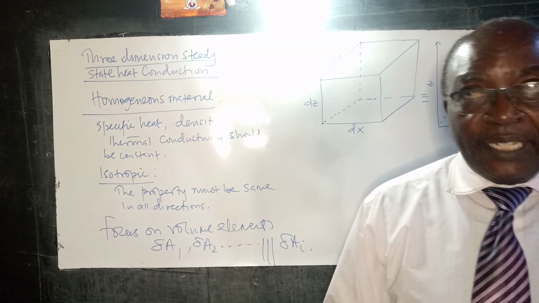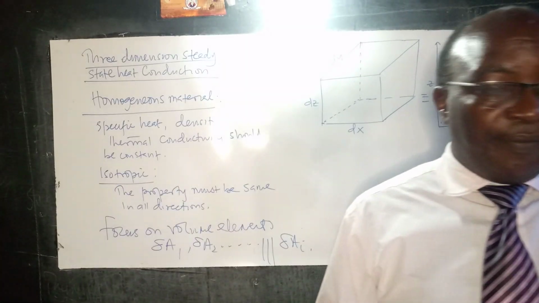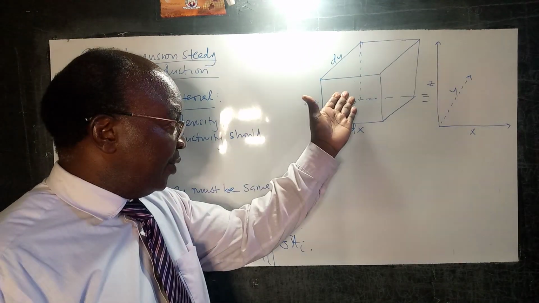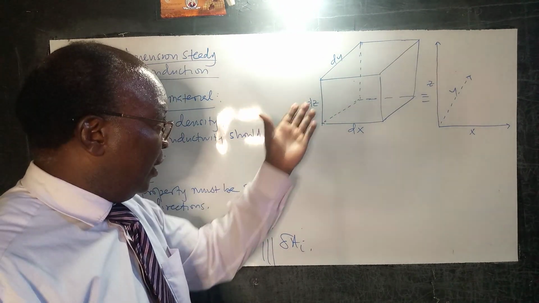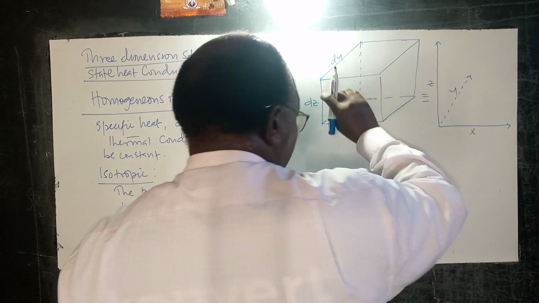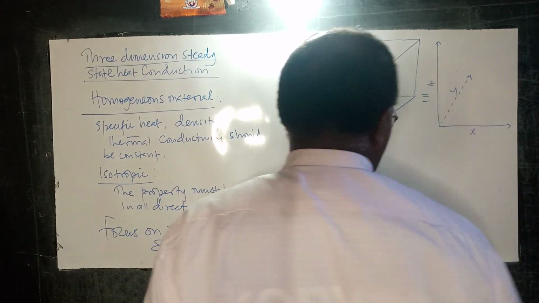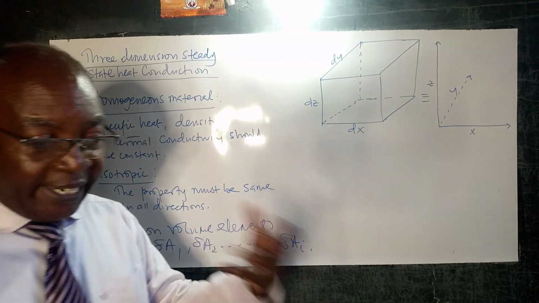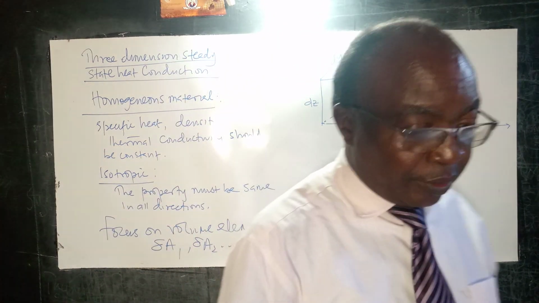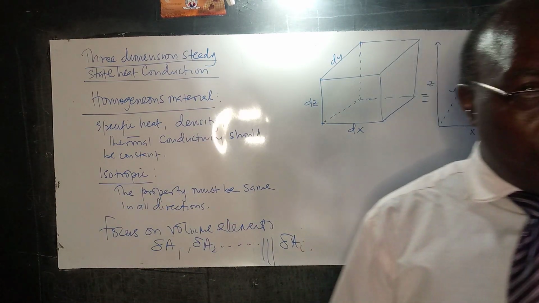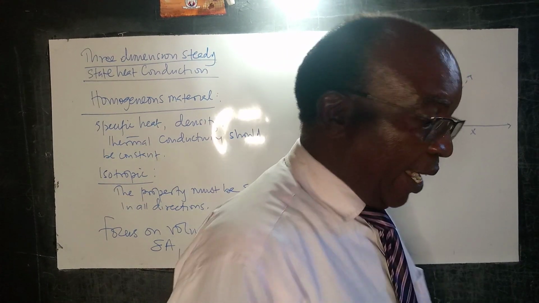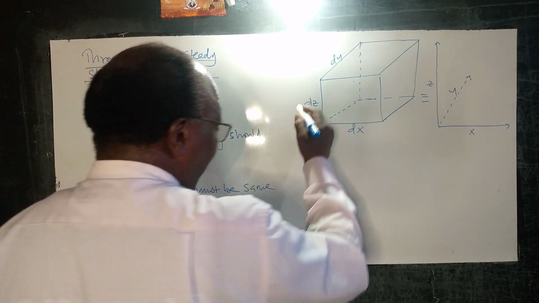Now, when we are dealing with steady-state heat flow, we are assuming that the heat which flows into this system and the one which comes out of this system are under steady-state conditions. And when we talk of steady-state conditions, we are talking of no accumulation of energy, no accumulation of material, the rates being constant, and so forth. So let us look at this system.